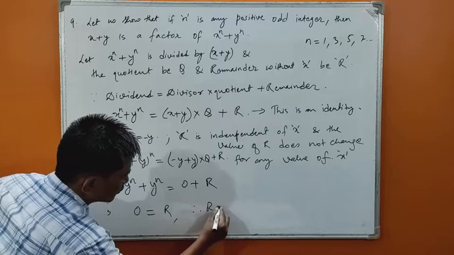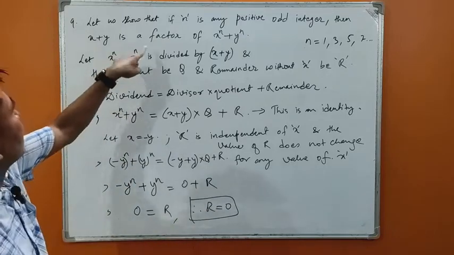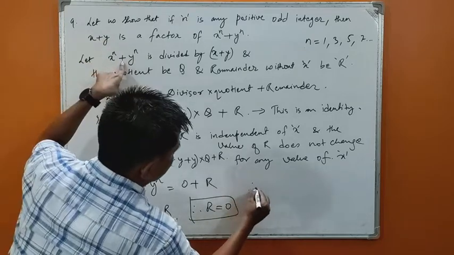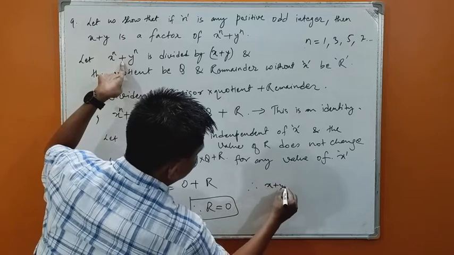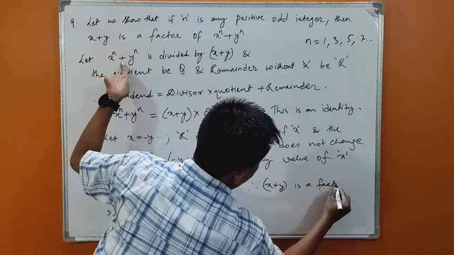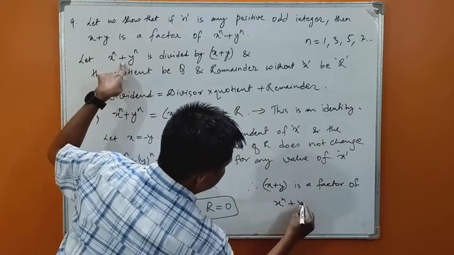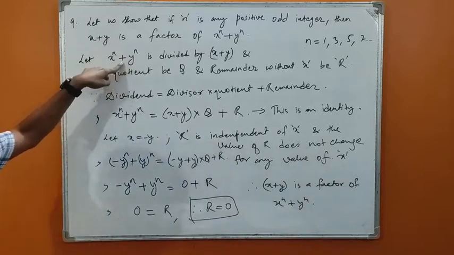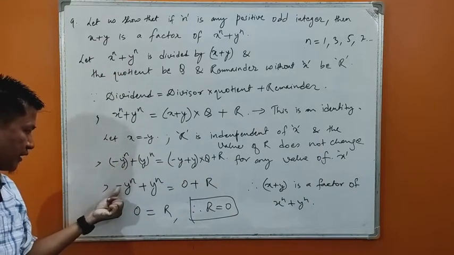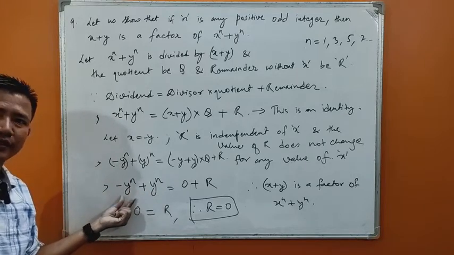Therefore the remainder becomes 0. Remainder becomes 0 means x plus y is a factor of x to the power n plus y to the power n. See here, if the power was an even number, then this would have been plus, so these two would never have cancelled.